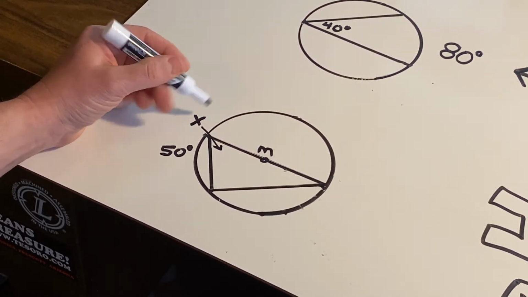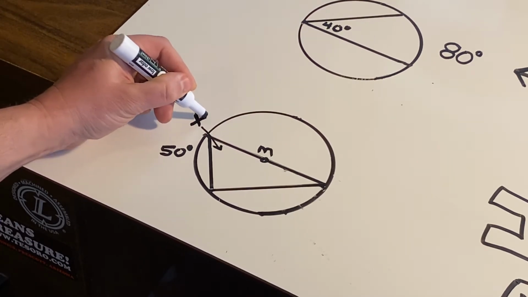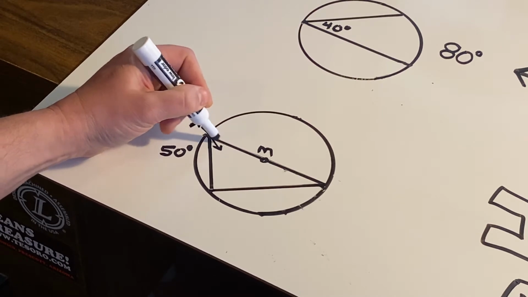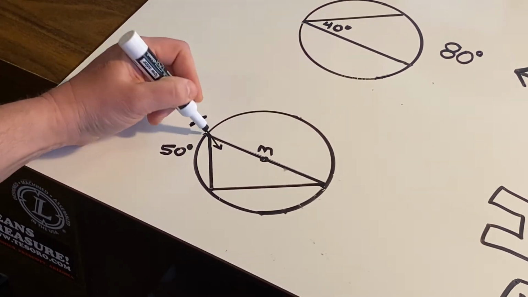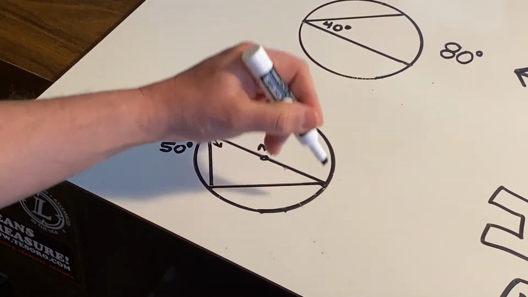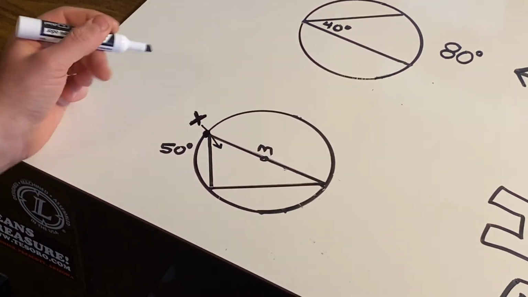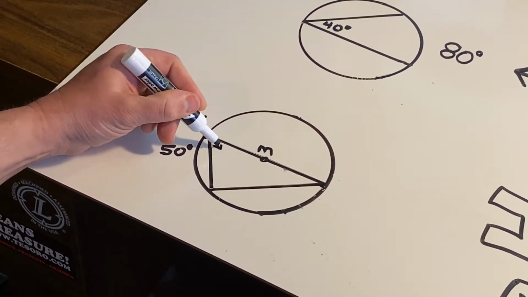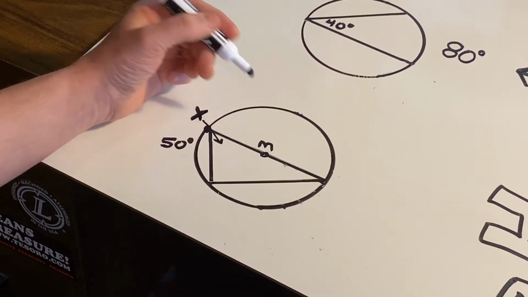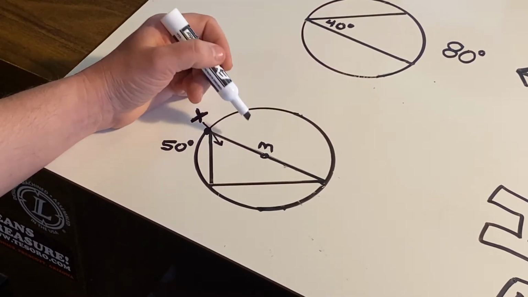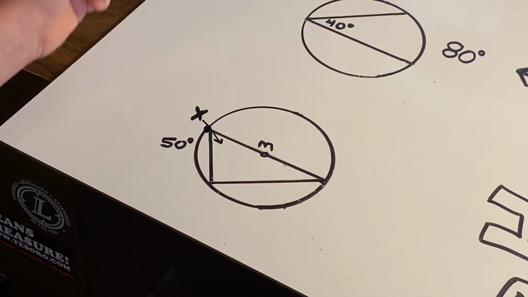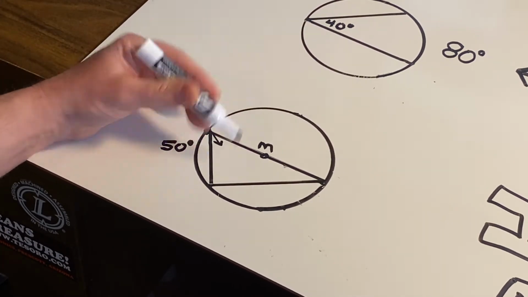In this example, we've been tasked with finding x. So this is our inscribed angle, and they're wanting us to find x. Let's look at what's going on here. If there's 360 degrees in the circle, you may not know where to start right here.